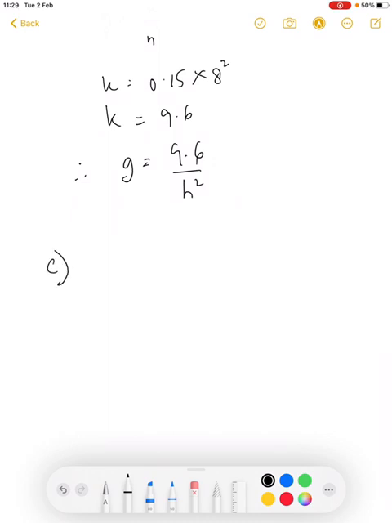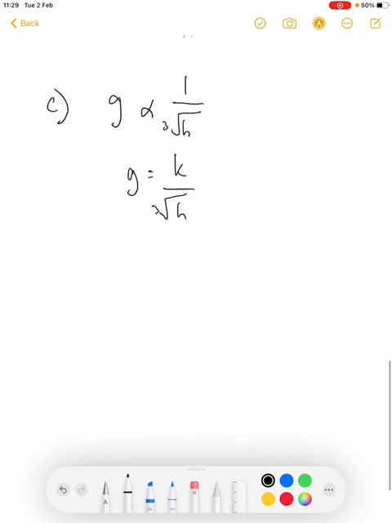Okay, c, g varies inversely as the cube root of h. So g equals k over the cube root of h. So k equals g times the cube root of h, g is 0.15 times the cube root of 8, which is 2.